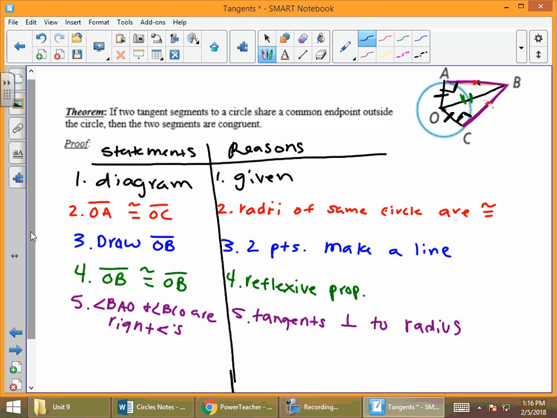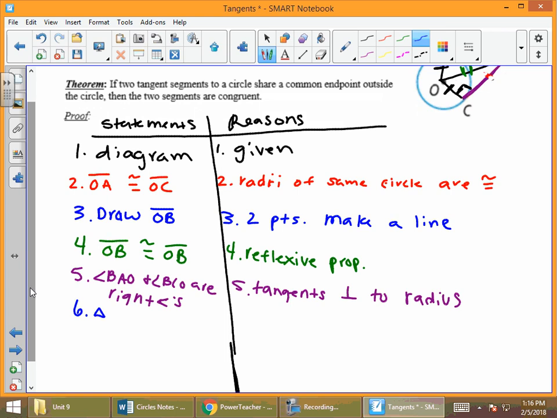So what we can do, because we show that those are right angles, then we know that triangle AOB and triangle OCB are right triangles. We said they're right angles. By definition of a right triangle. Okay.